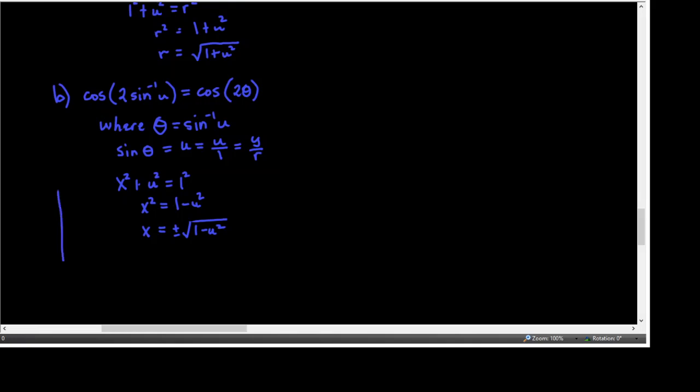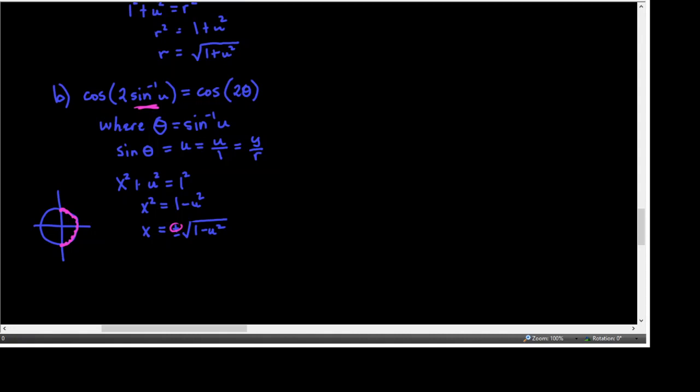And since the inverse trig function we're dealing with in this problem is sine inverse, that means we're between negative pi over 2 and pi over 2. And in those two quadrants, x is positive. We'll assume that x is the square root of 1 minus u squared. Okay, going back to the original problem, cosine of 2 theta.